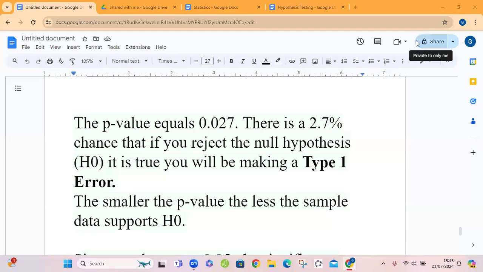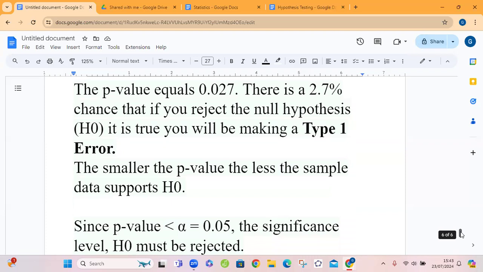Now let us say the p-value equals 0.027. So this means there is a 2.7% chance that if you reject the null hypothesis, which is H0, and it is true, you'll be making a type 1 error. So there's a 2.7% chance of making a type 1 error. That is relatively low, because 2.7 is less than 5%.